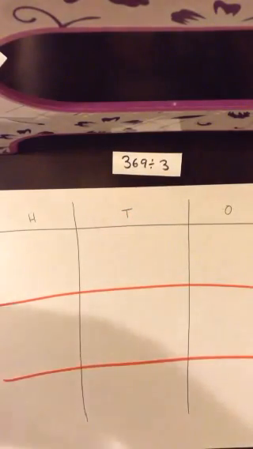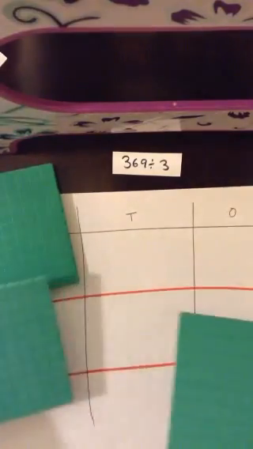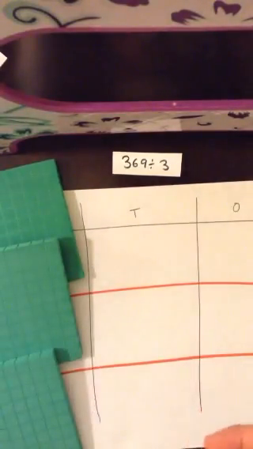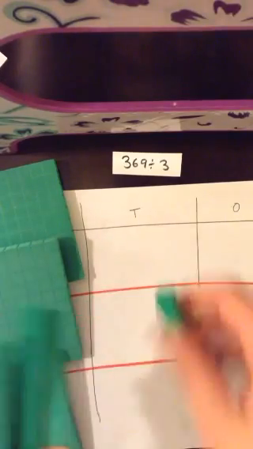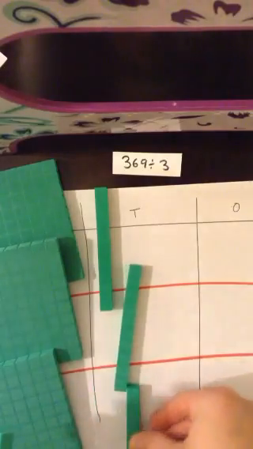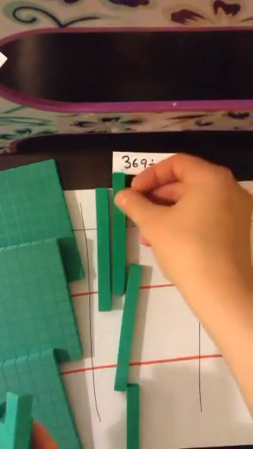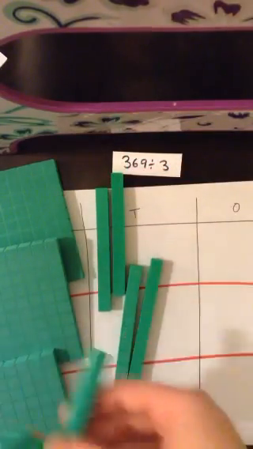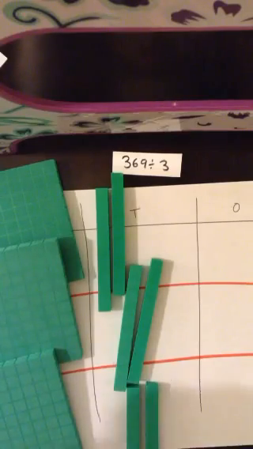And here I have 300s, and I'm going to put 1, 2, 3. And I have 6 tens, so I'm going to do 1, 2, 3, 4, 5, 6, so that gives me 2 in each group.